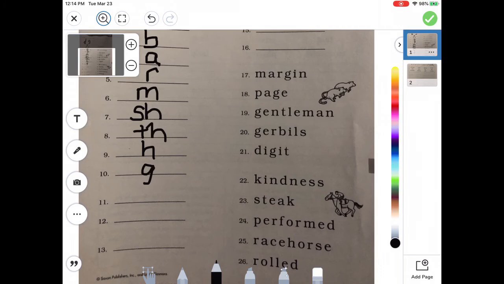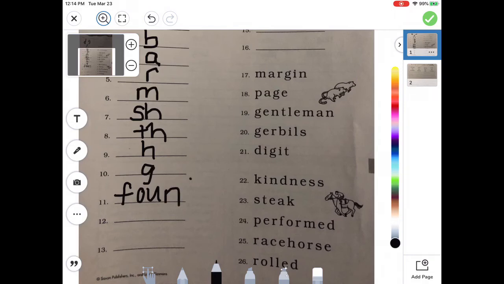Okay, on number 11, we're going to try to spell some words. So what if I wanted to spell the word found? Found, what do you hear? F, very good. Then the ow sound, ow. Okay, it's that ow in the middle of a word, so I'm going to use O-U. N, good job.